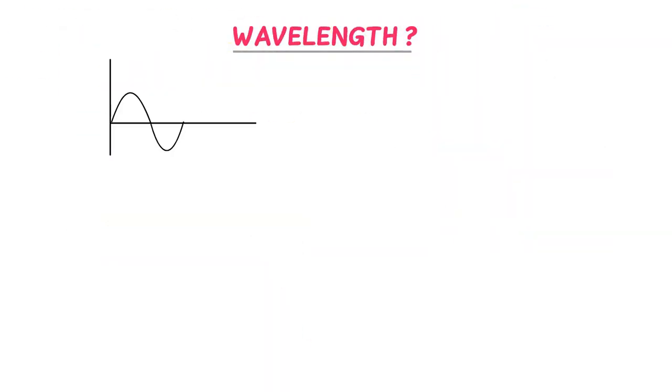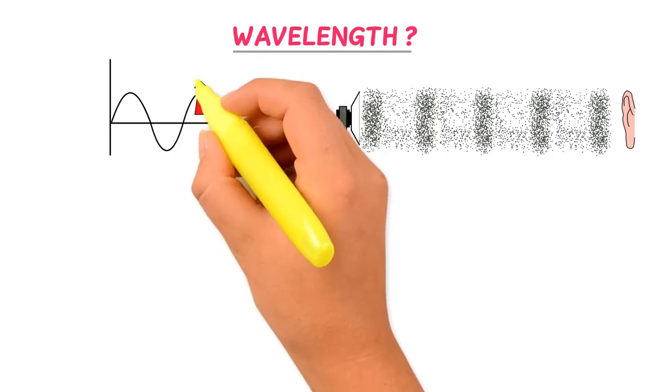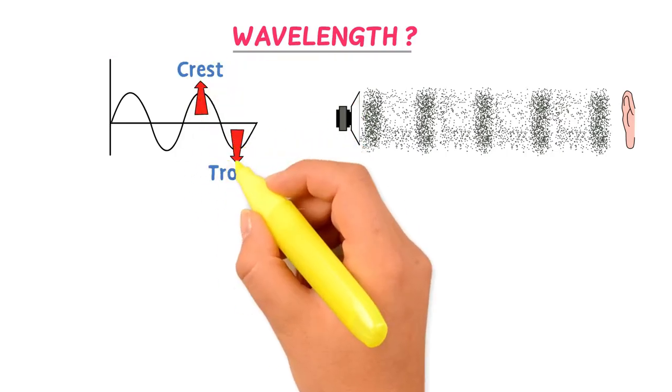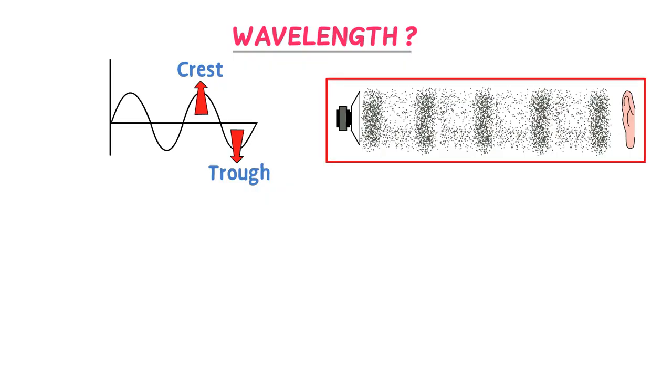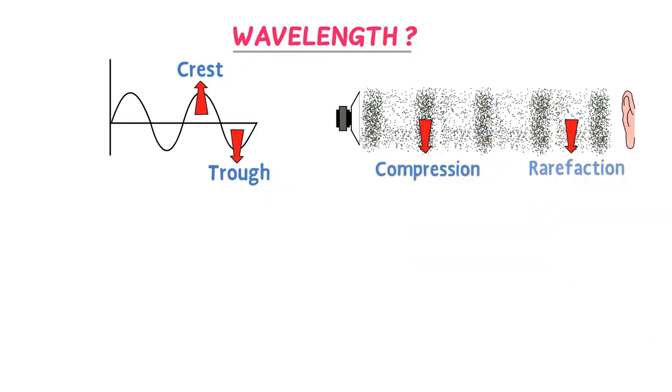Now what is wavelength? Well, consider the motion of these two waves. We know from the previous lecture that transverse waves travel in consecutive or successive crest and trough, while longitudinal waves travel in successive compression and rarefaction.